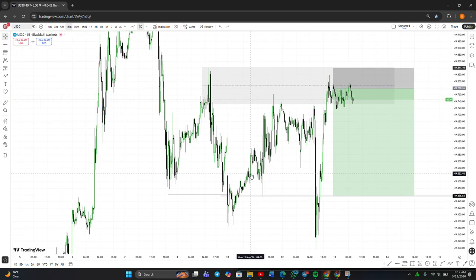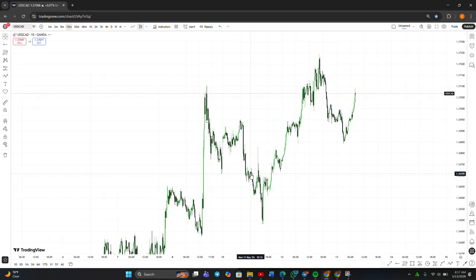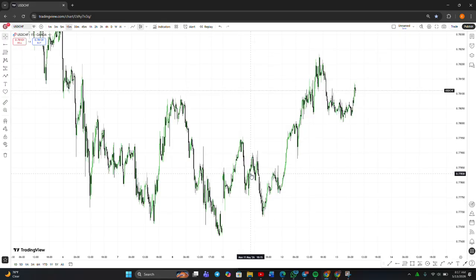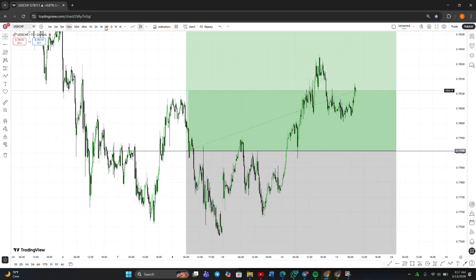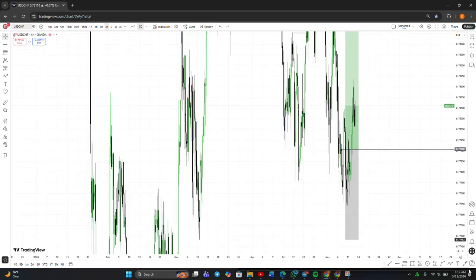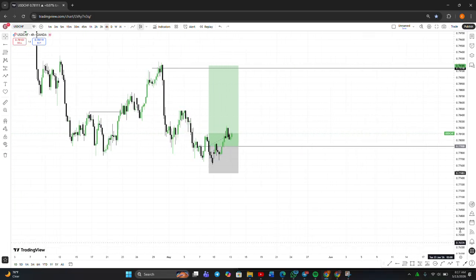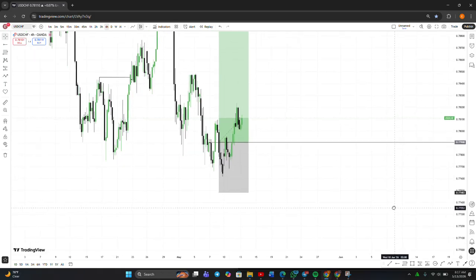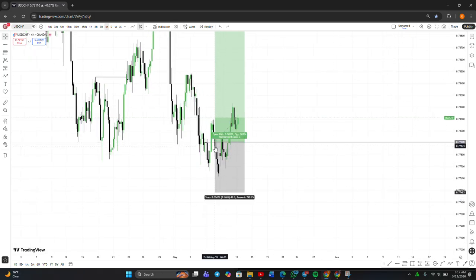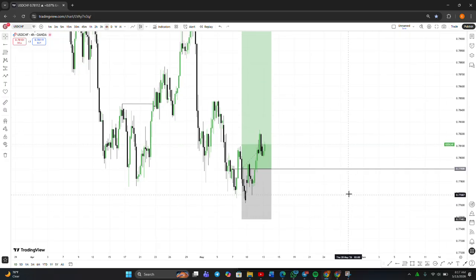The analysis I did in the morning is still the same. Okay, this is USD CHF. I've been holding this trade since Friday.